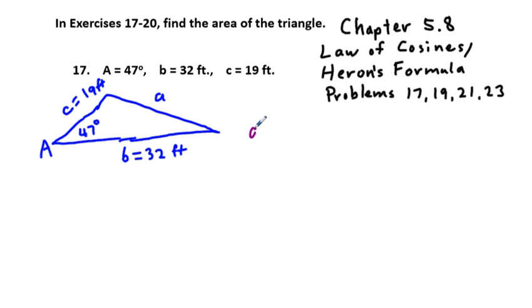which, since we're solving for side A, we have A squared equals, I'll just write out the formula here, B squared plus C squared.